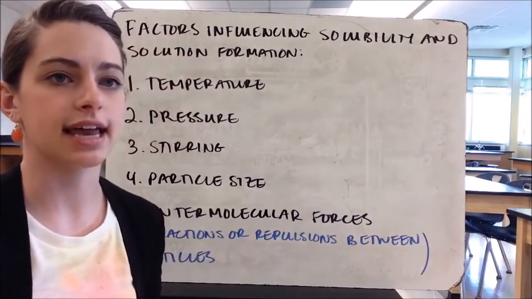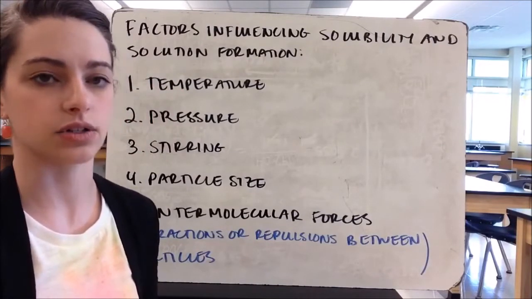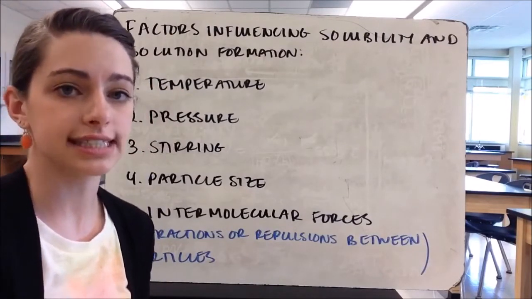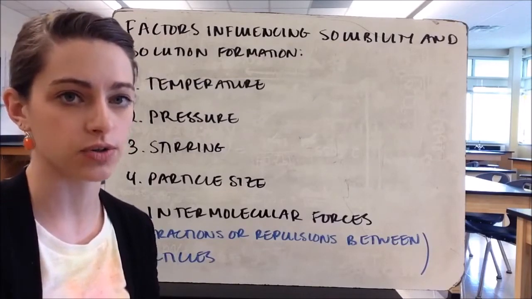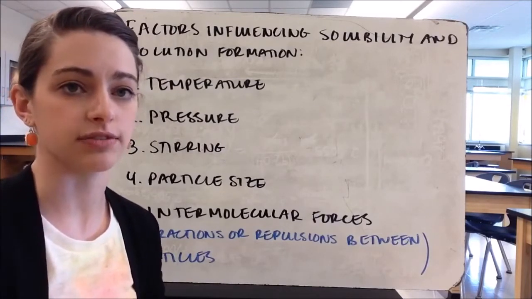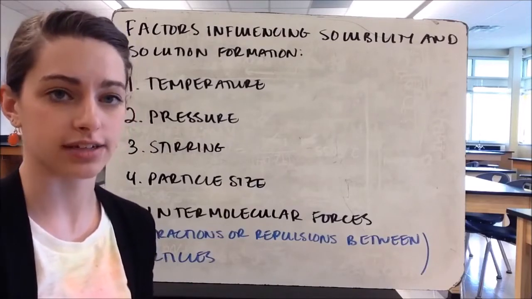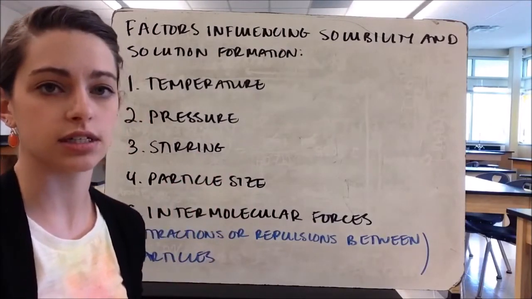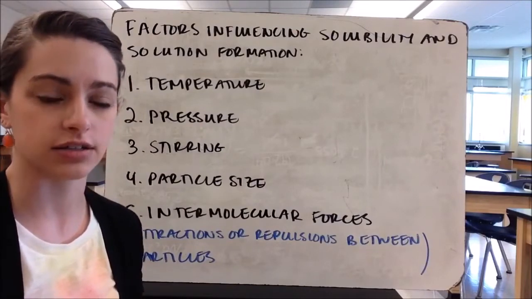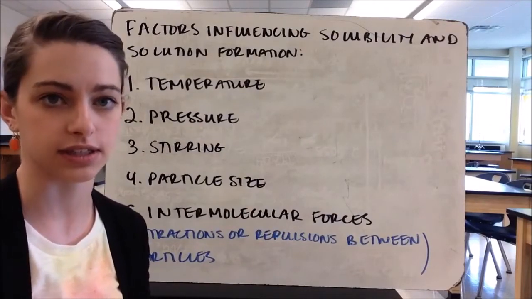There are different things that influence solubility and how a solution is formed. The first is temperature, because we know that temperature increases the speed of the particles. Therefore, if the particles are moving faster, they're going to dissolve faster. Very closely related is pressure. If you increase the pressure, things are going to dissolve faster. That's how you get gases to dissolve in liquids.